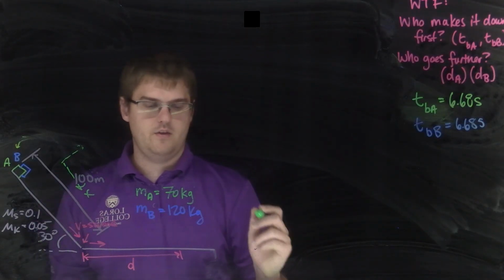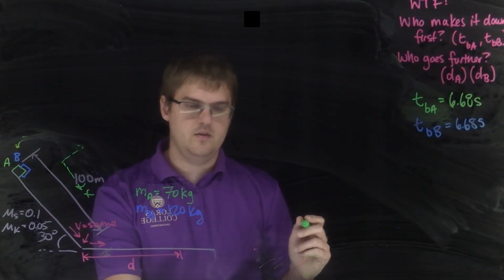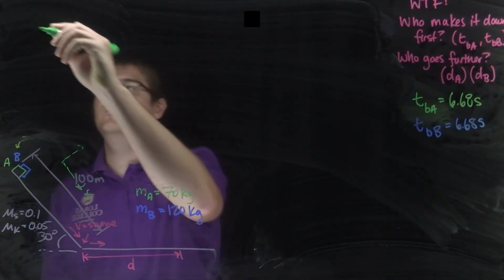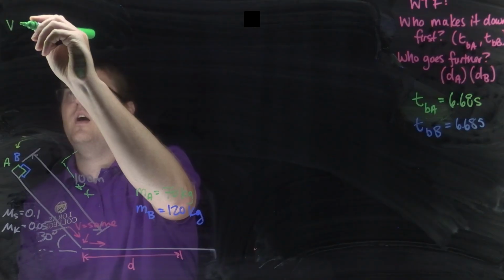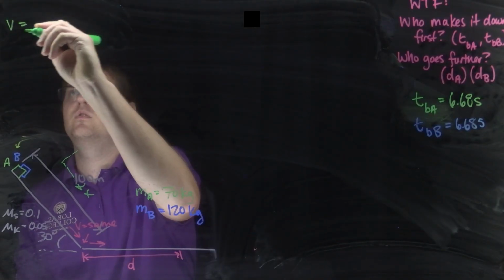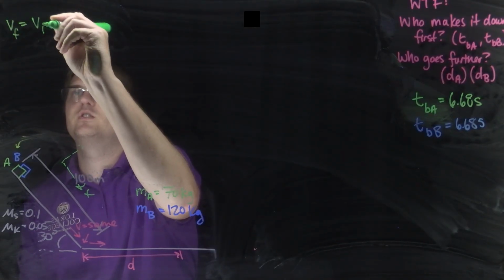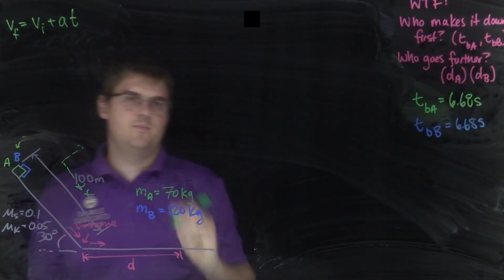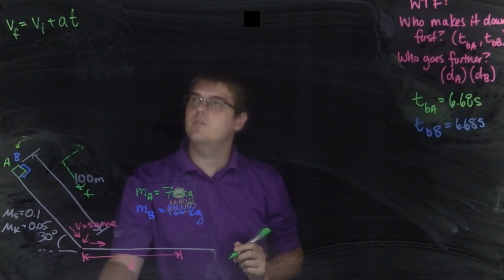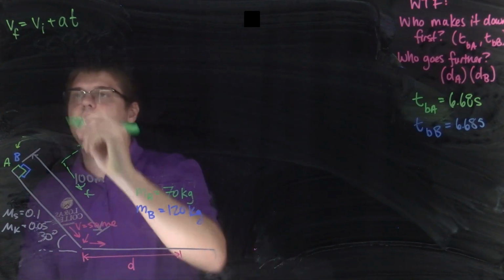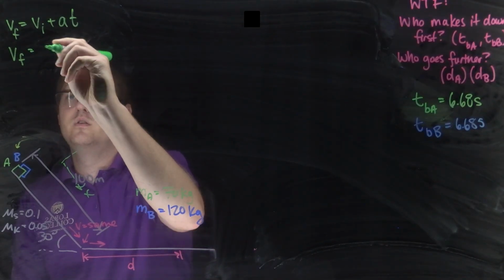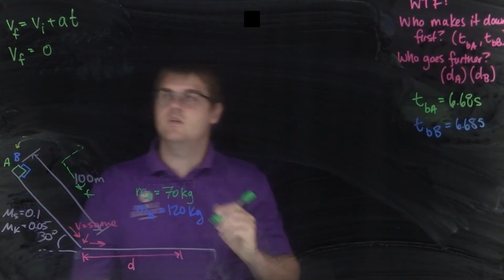In order to find that velocity, I'm going to use my velocity equation. Velocity final is equal to velocity initial plus my acceleration times my time. My velocity final is what I want. My velocity initial is 0. I'm not moving.